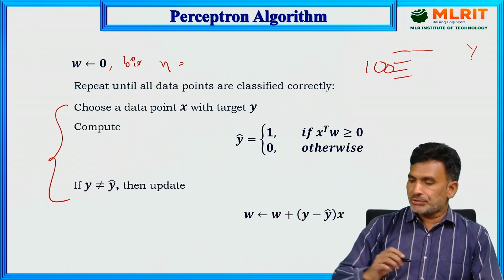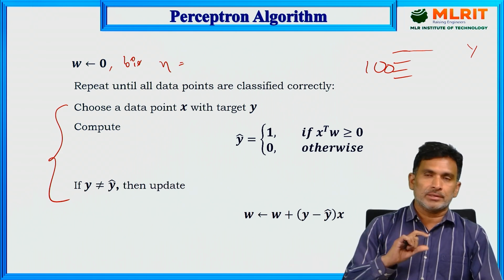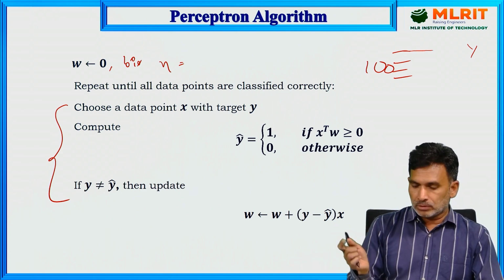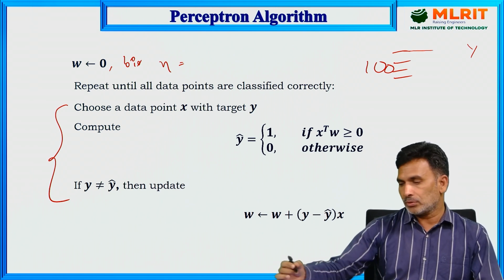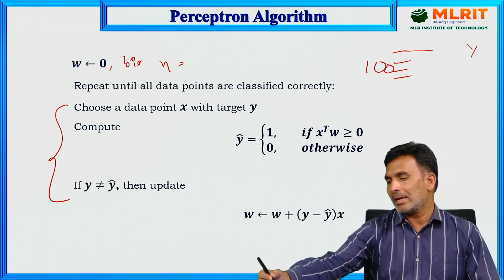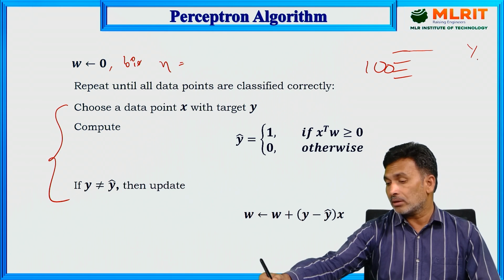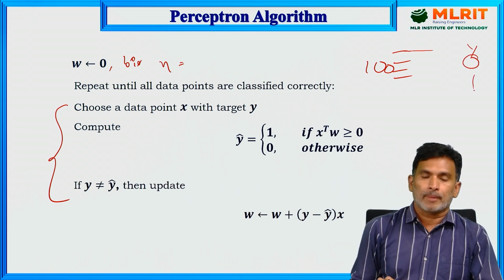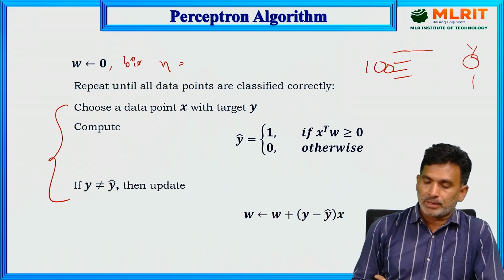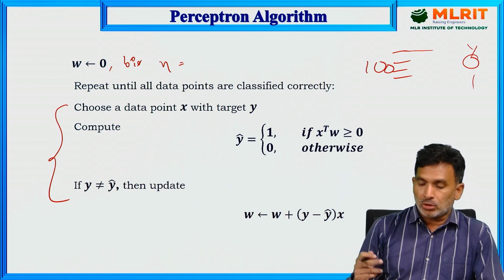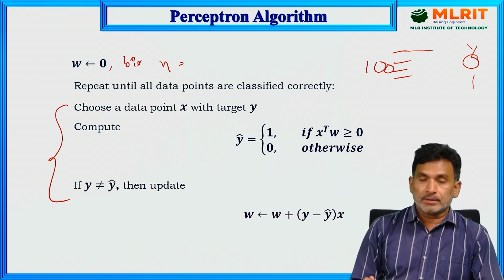So for each instance, that means for each record, we have to check whether this is classifying correctly or not. So that is the meaning: repeat until all the data points are classified correctly.